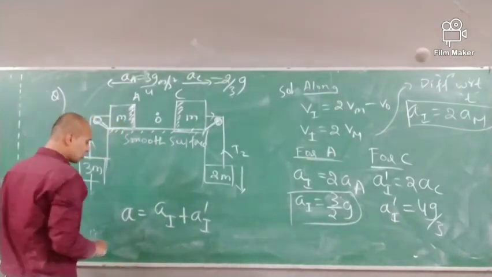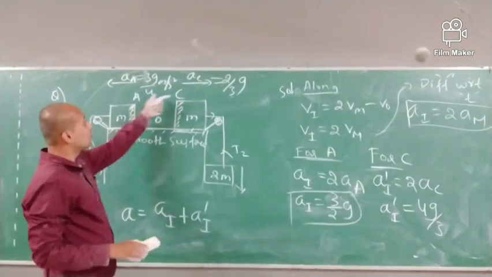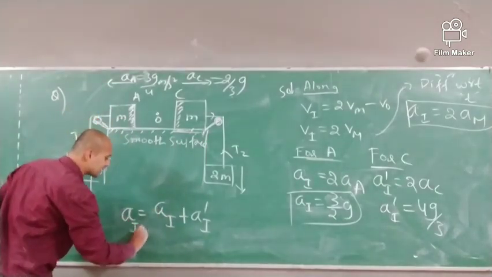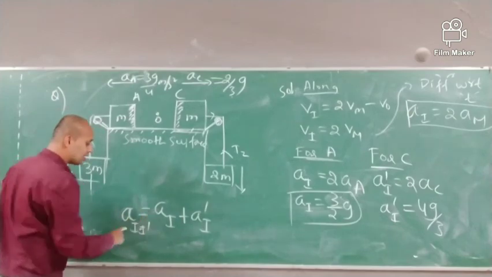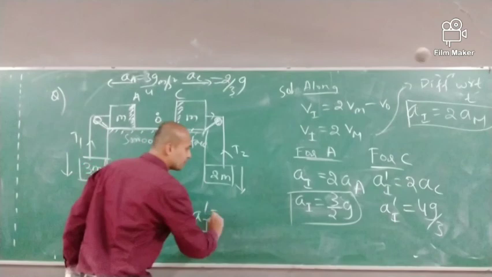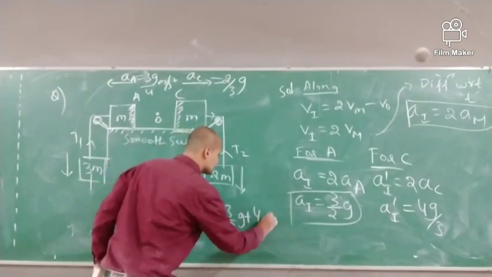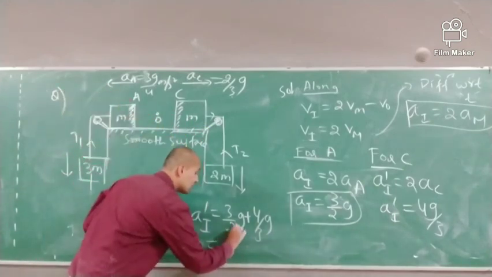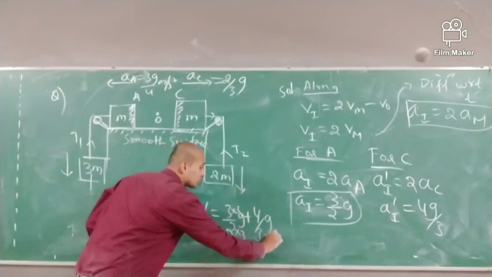Got it? So this is nothing but acceleration of image with respect to each other. I dash, I can write acceleration of I with respect to I dash. How much will it be? 3 by 2G plus 4 by 3G. This will be into 3, this will be into 2.